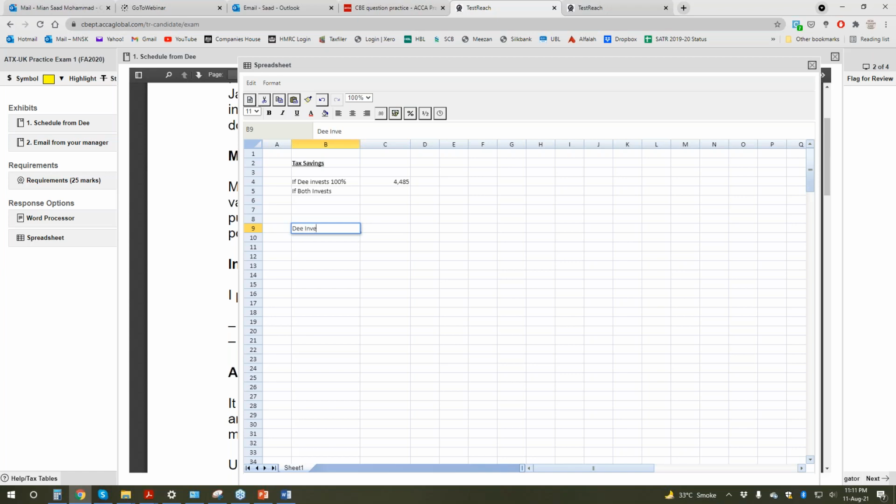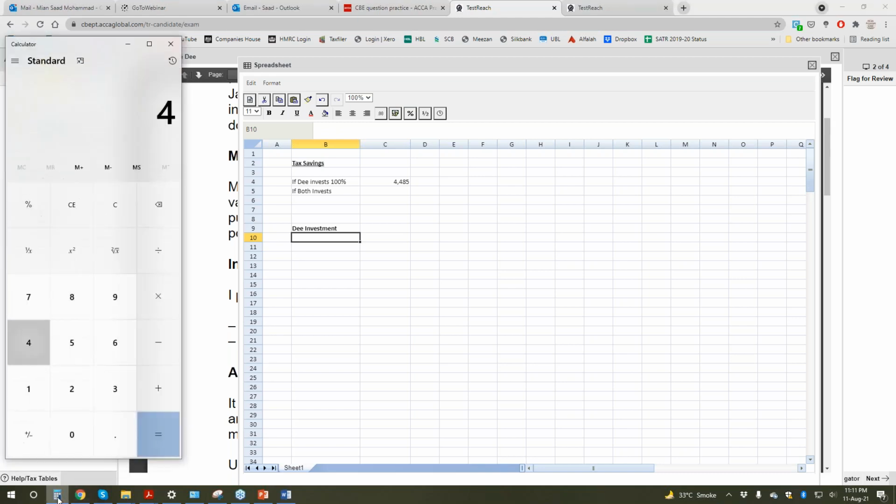D's investment. Now guys, the total funds that D has are 300,000. Why? Because the total amount is 450, and if we divide it in three parts, one third will be with Cam, and the remaining two-thirds, 300,000, will be with D. So the total investment of D is 300,000.